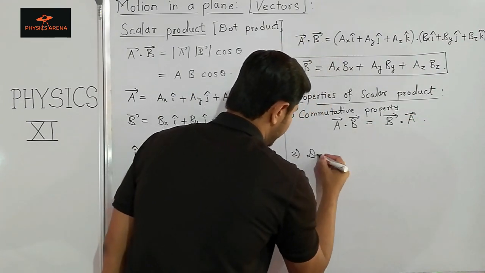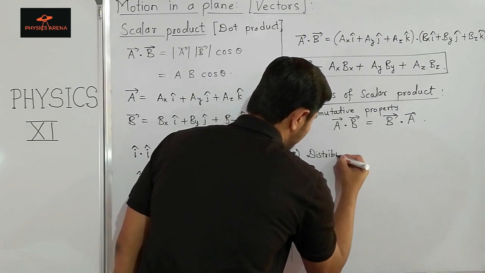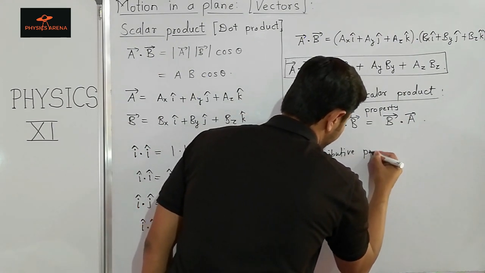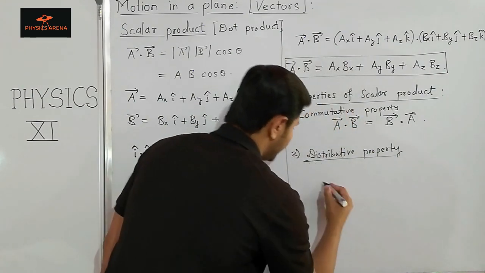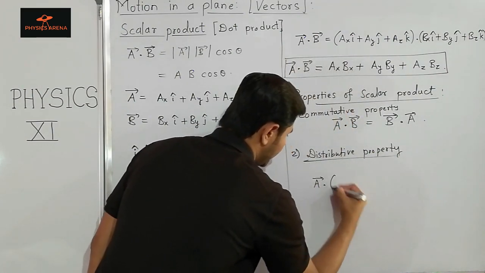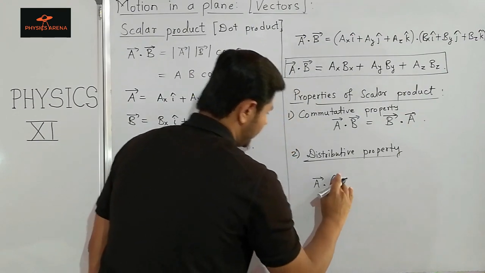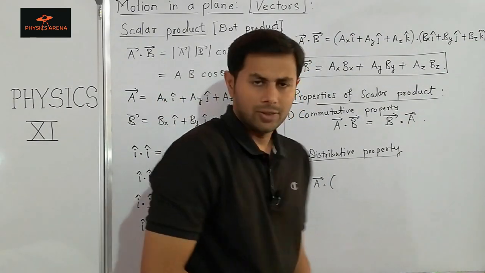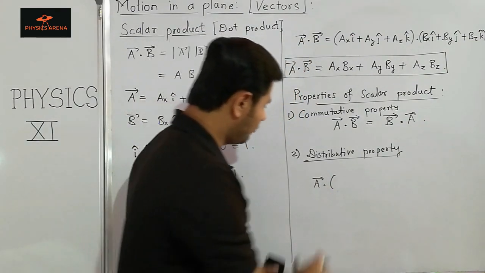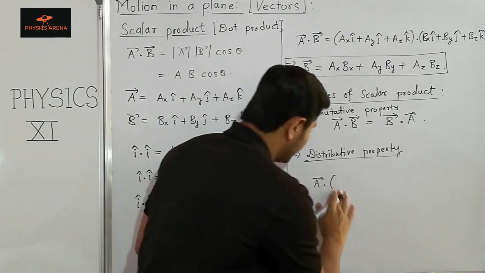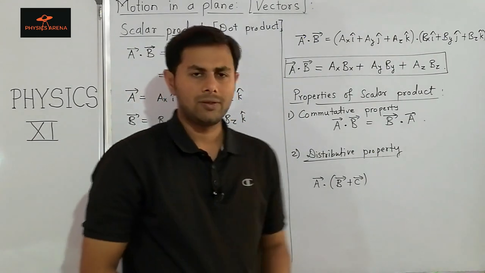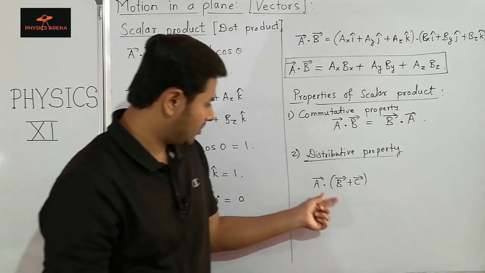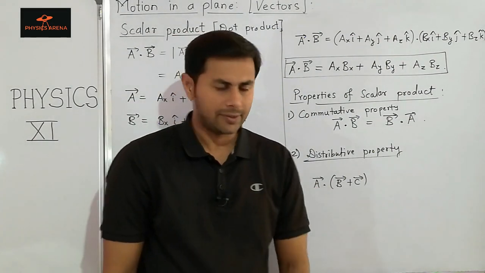Second one is the distributive property, and this property says that the scalar product is distributive with respect to addition. So suppose we have a bar, we take its scalar product with b bar plus c bar. What will be the resultant of this?